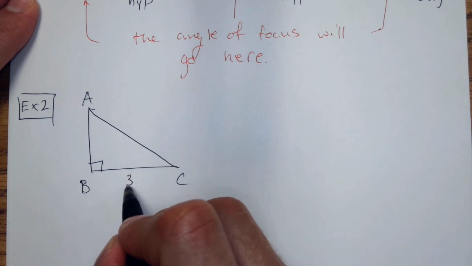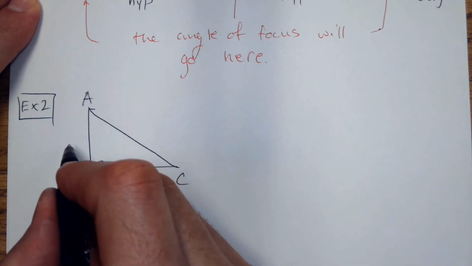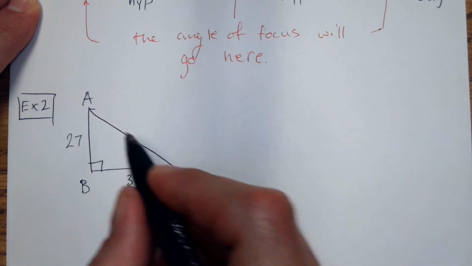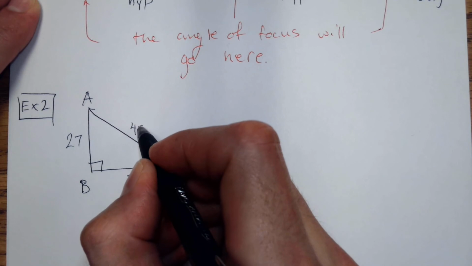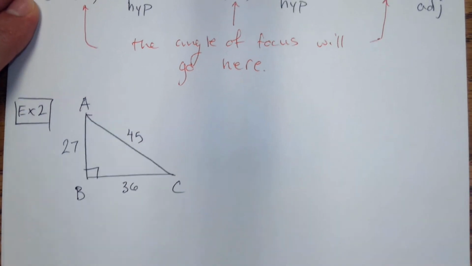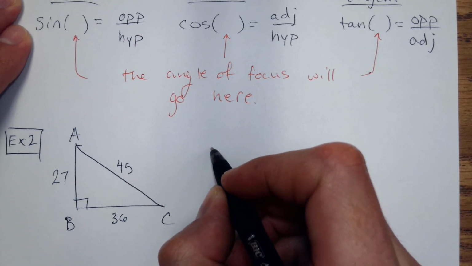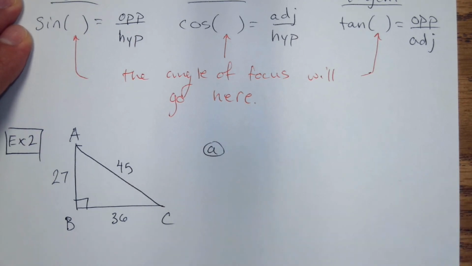And then we're going to have 36 units long on the bottom side, 27 units long on the top left side, and 45 on the hypotenuse.